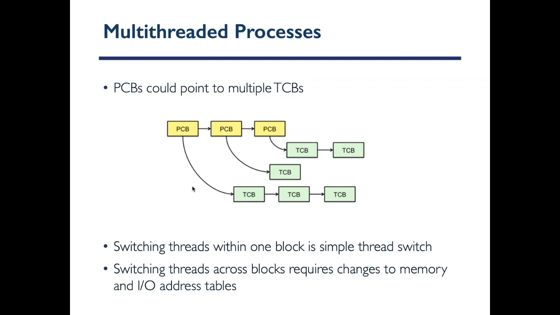So it has higher overhead to context switch between threads from different processes than context switching between threads within one process.